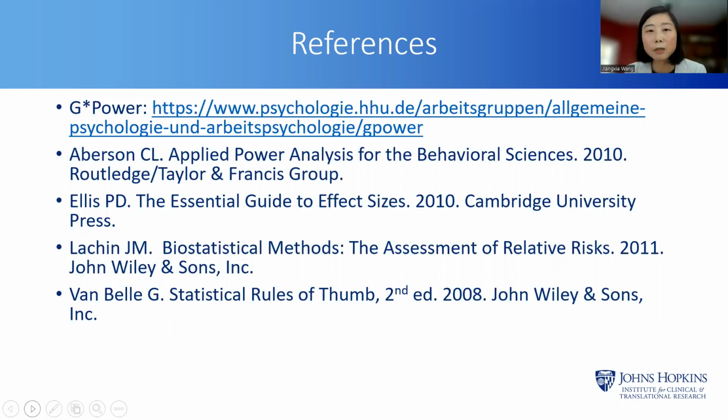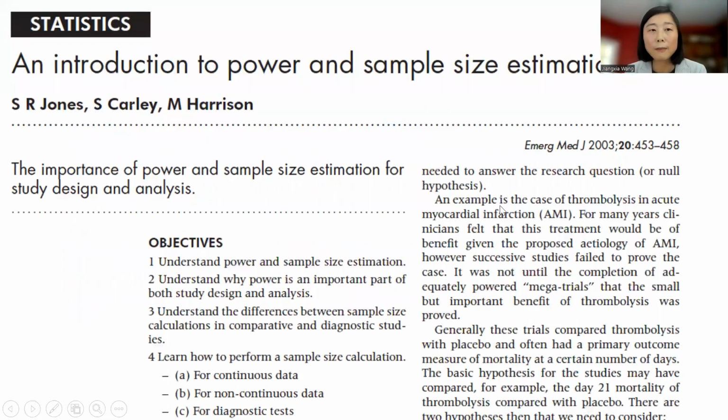And Stephanie, if you can go to the next page. This is a really nice introduction paper about power and sample size estimation. If you are interested, I would strongly recommend you read this paper carefully, and along with what we went over here, you'll have a better understanding of sample size calculation.